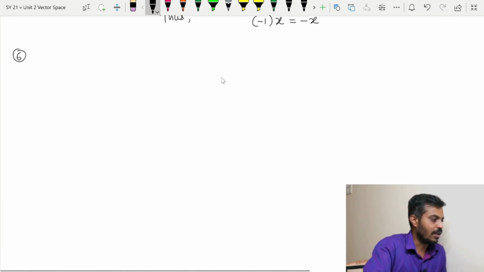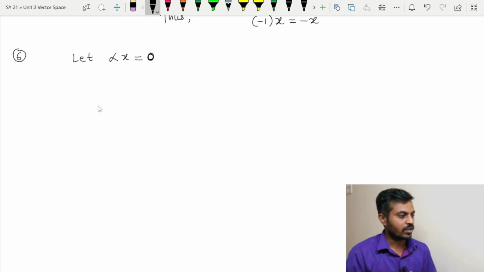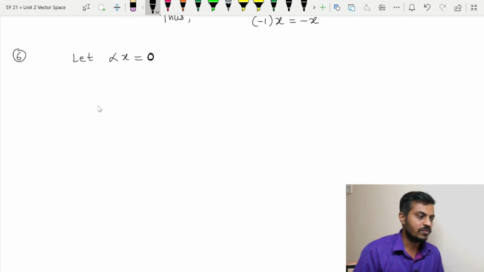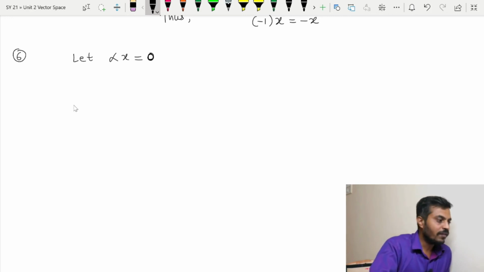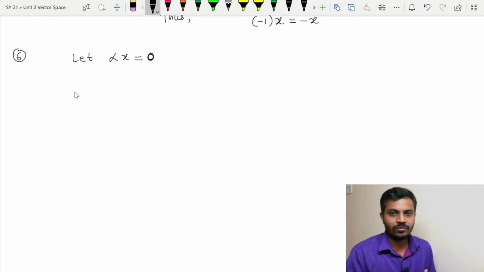So I will say let alpha x is equal to 0. Take a note that we have to prove either alpha is equal to 0 or x is equal to 0. But if alpha is equal to 0, then we are through, right? Because we have to prove either alpha is 0 or x is 0.